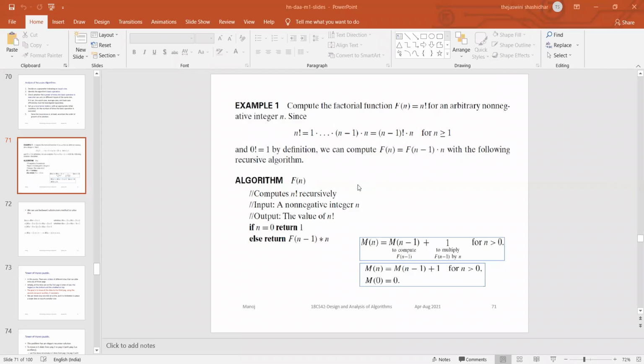All these examples are very important from the exam point of view. So kindly tell, what is the formula for factorial? Respond in the chat box.